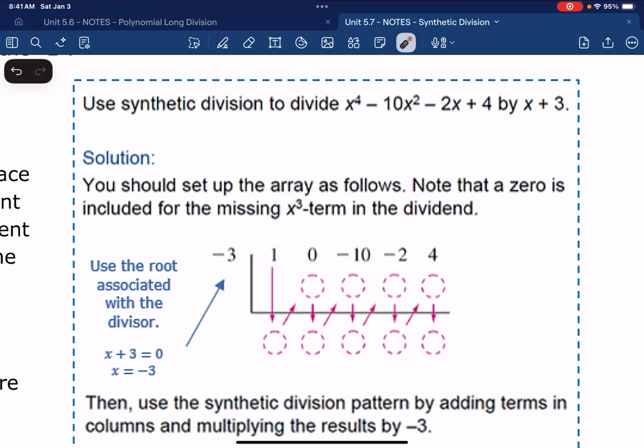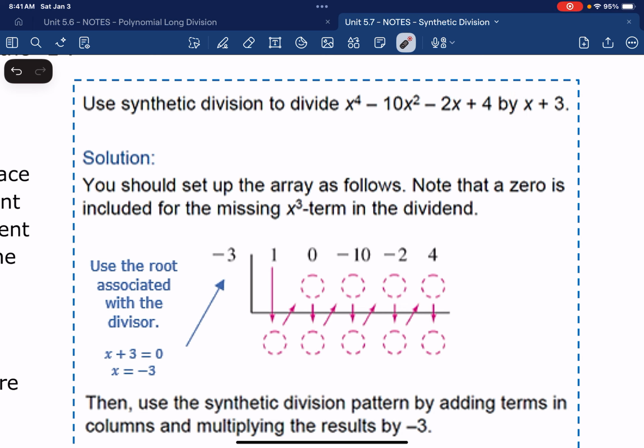It says use synthetic division to divide this polynomial expression by x plus 3. So notice we are allowed to use synthetic division because this is x to the first, it's linear, and its coefficient is 1. The coefficient of x is 1.